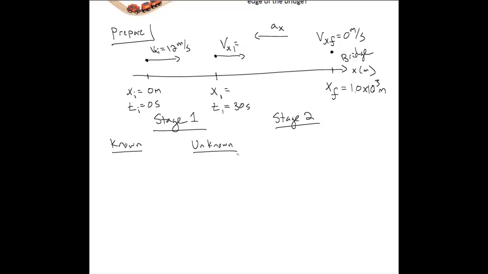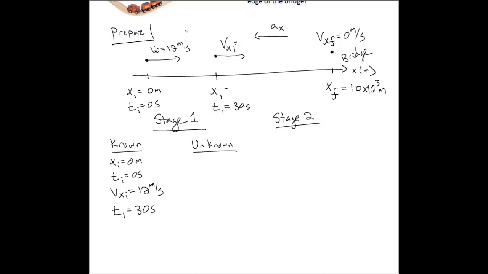So for stage 1, what do we know? Let's list everything that we know. We know the initial x position, the initial time, and the initial x velocity. Stage 1 is denoted by the time between xi and x1, so we know what t1 is, the time at the end of this stage. It should be 30 seconds.